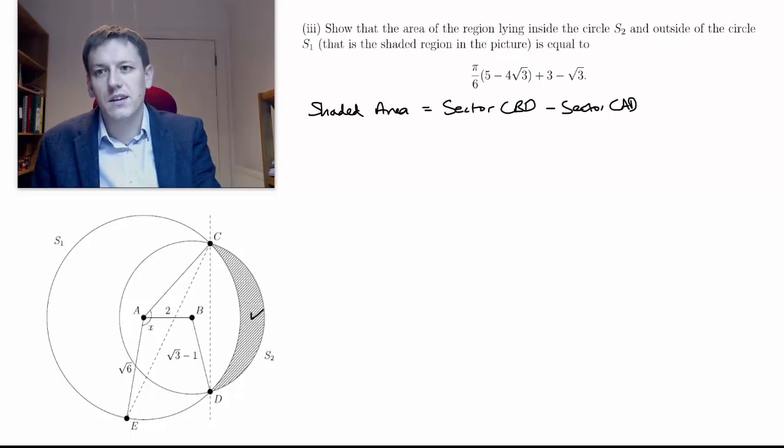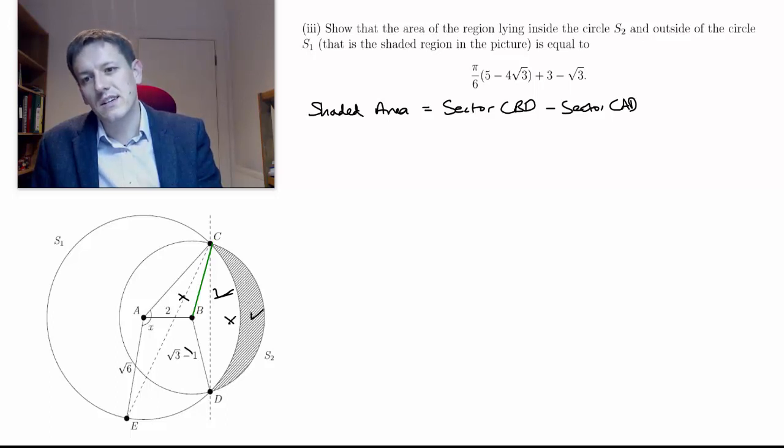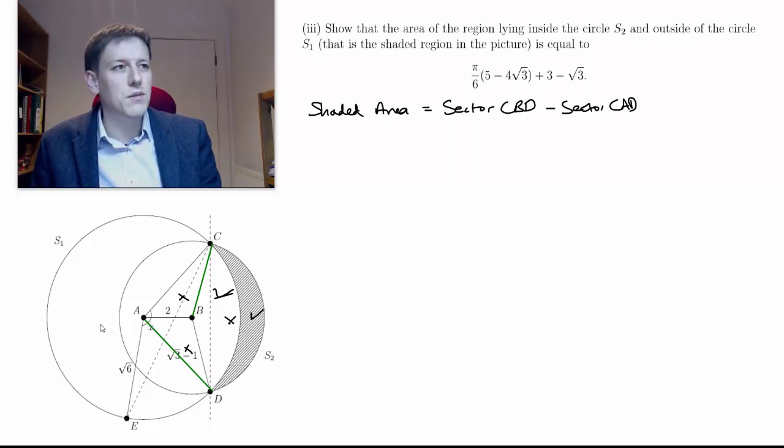Okay, let me add in another line here. Okay, so I added in this bit to begin with, and I've also now subtracted it, but I've also along the way subtracted these parts here, so I actually need to add back in those two triangles, because at the moment I've got minus those two triangles.